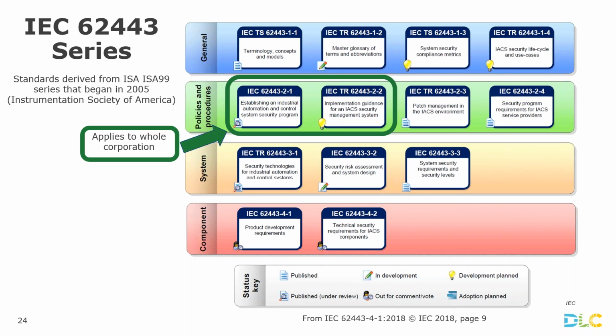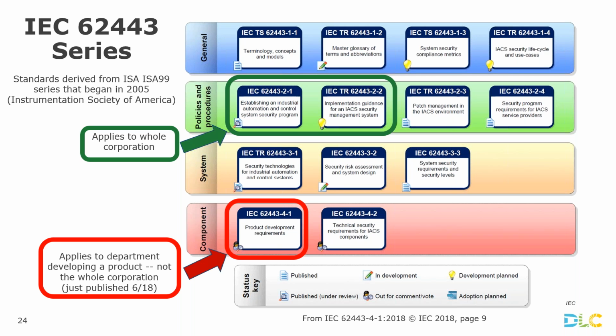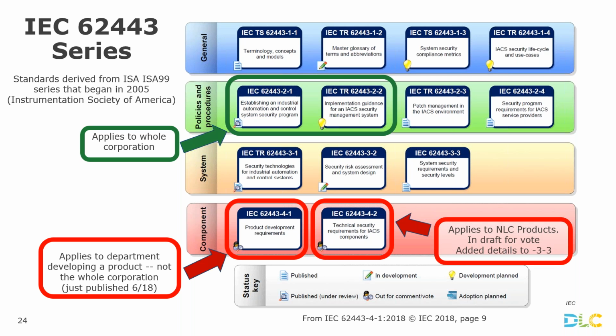The first one, the -2-4, applies to a whole corporation. And the -4-1 applies to the design department that's developing a product, but not to the overall corporation. And then -4-2 applies to a particular product.